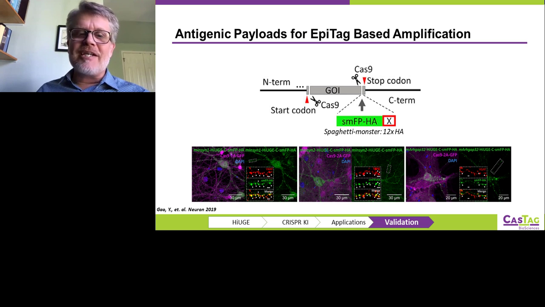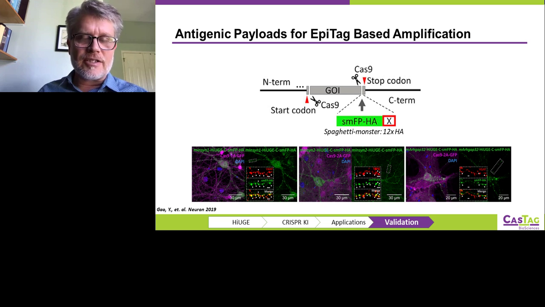And the spaghetti monster actually encodes within the framework of the dark version of GFP 12 different copies of the HA epitope tag. So this is a highly antigenic insertion so that you can easily detect even proteins that are expressed at very low levels.